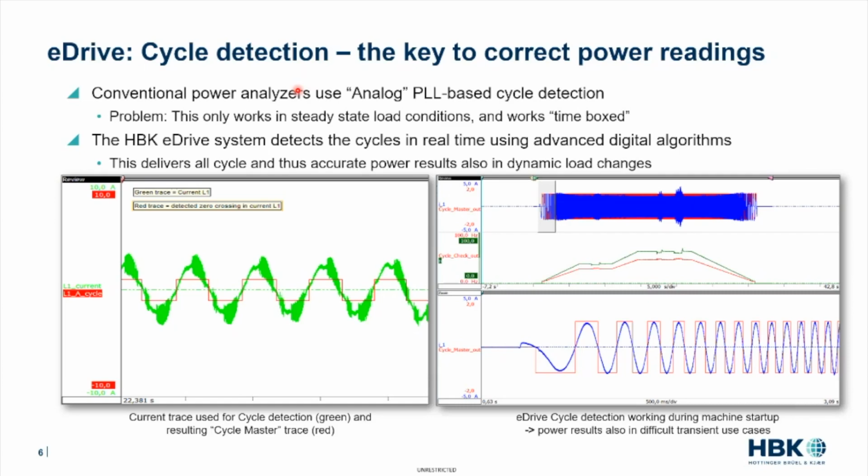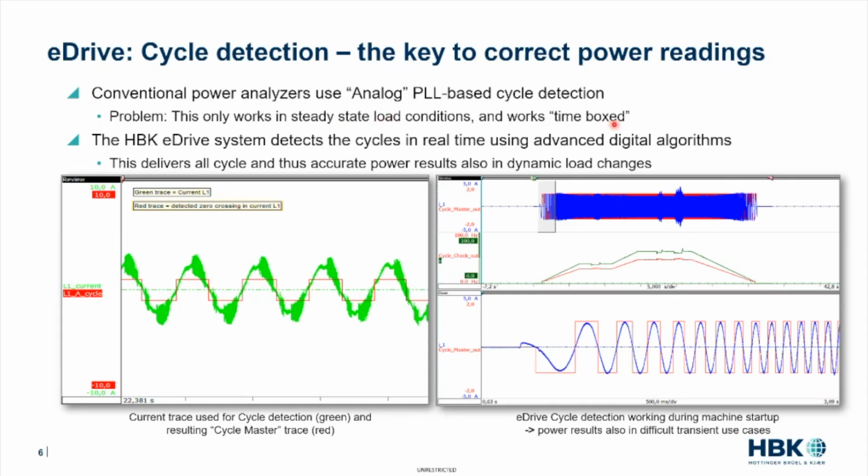These grid frequencies change only very slightly and very slowly. So these analog PLLs are not capable of following a fast change in the frequency. These conventional power analyzers do a really good job if you are in a steady state load condition, no doubt. But when frequencies are changing, they have a problem.